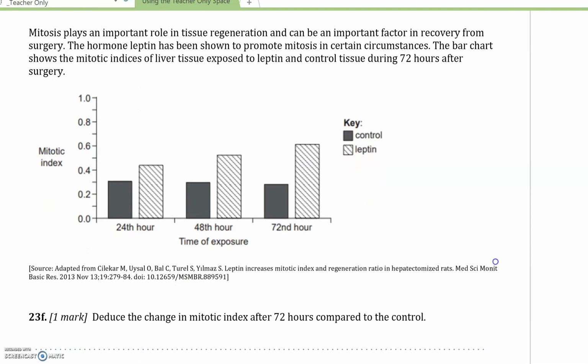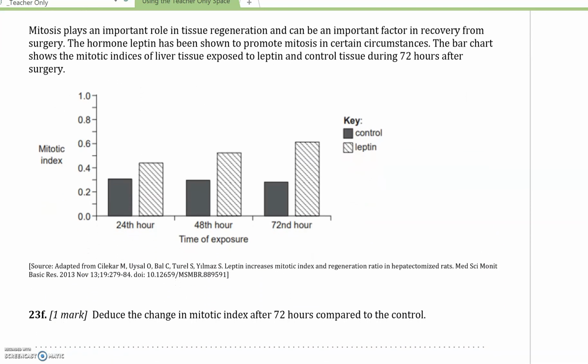Okay, so now the next graph. Mitosis plays an important role in tissue regeneration and can be an important factor in recovery from surgery. The hormone leptin has been shown to promote mitosis in certain circumstances. The bar chart shows mitotic indices of liver tissue exposed to leptin and control tissue during 72 hours after surgery.